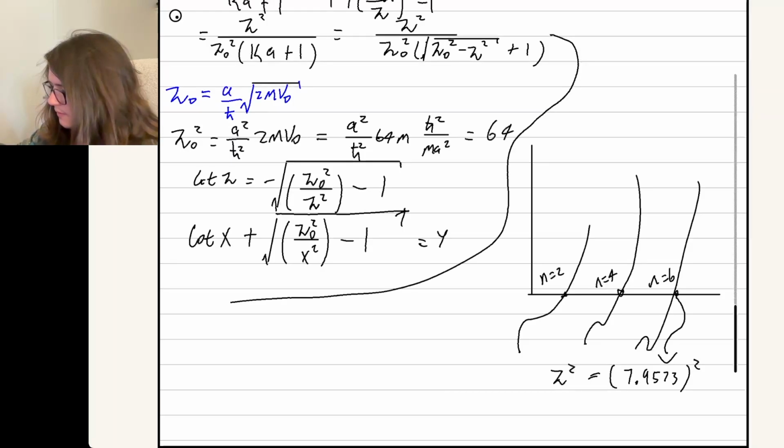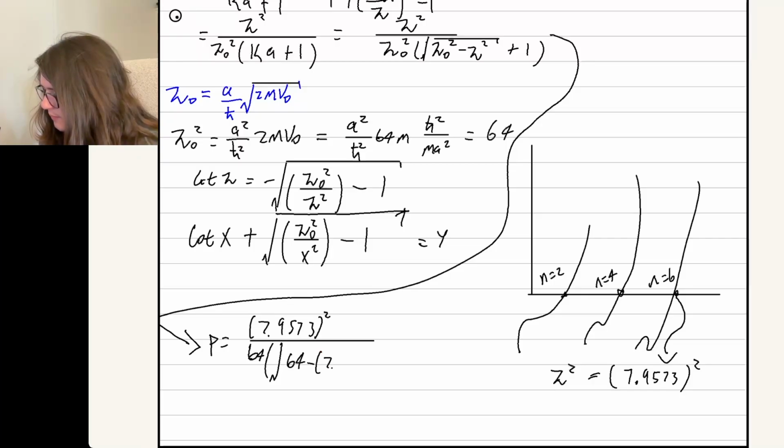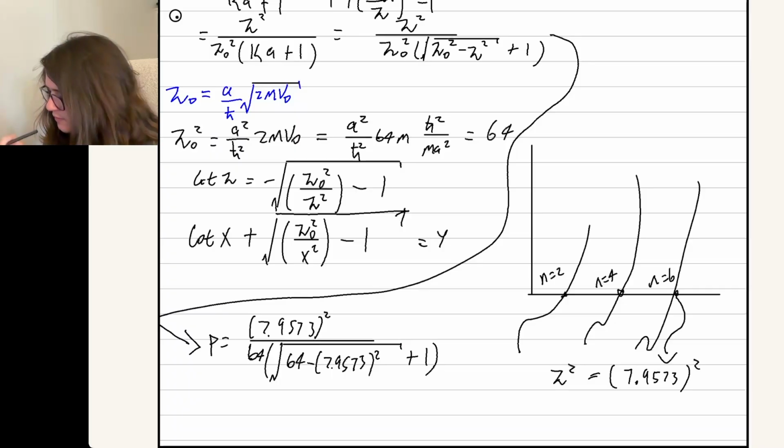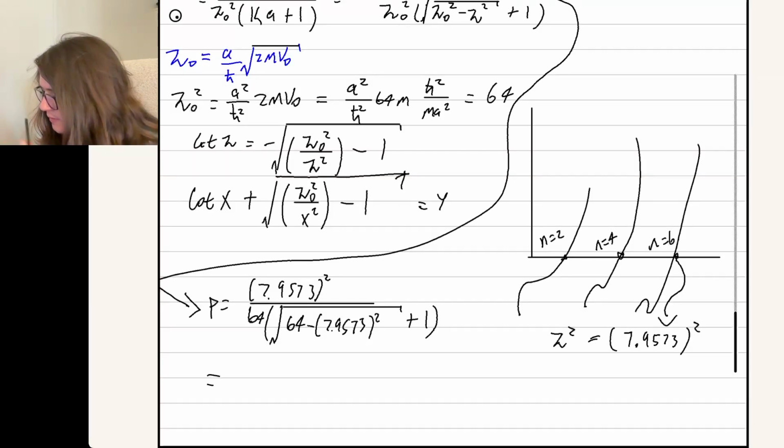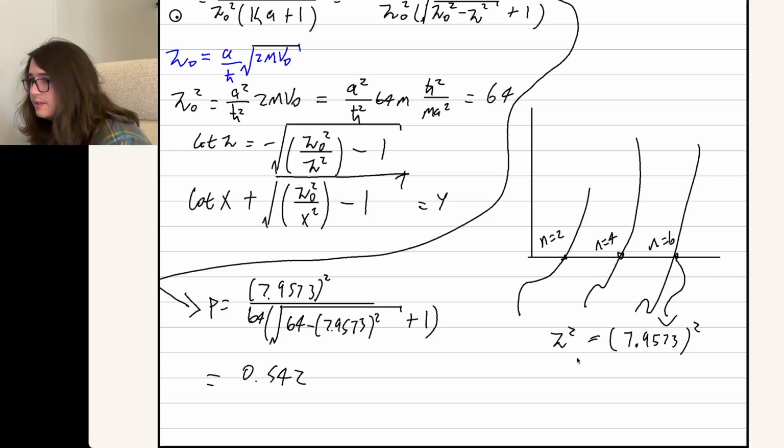And once you do that, you have that the probability is equal to 7.9573 all squared over 64 square root of 64 minus 7.9573 all squared plus 1. And I plugged this into my TI-89, and I got something like 0.542, like Griffiths got. So I think we're pretty good there. A lot of mental gymnastics, this problem, but I think it's a good one.